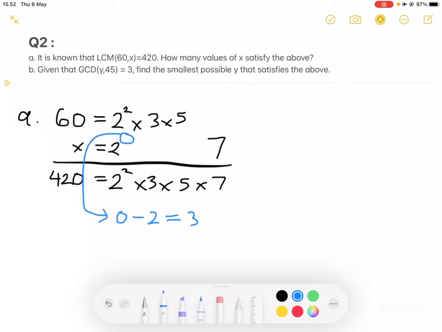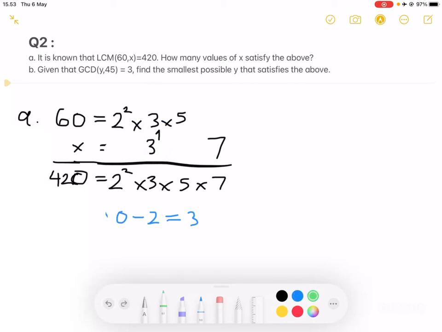Now let's see the power of 3. We can do the same thing right here. Since we have a 3 as a factor of the LCM, and we have a 3 as a factor of 60, the power of 3 could be 0, meaning it doesn't contain a factor of 3, or it could be 1, since we can pick either of these.